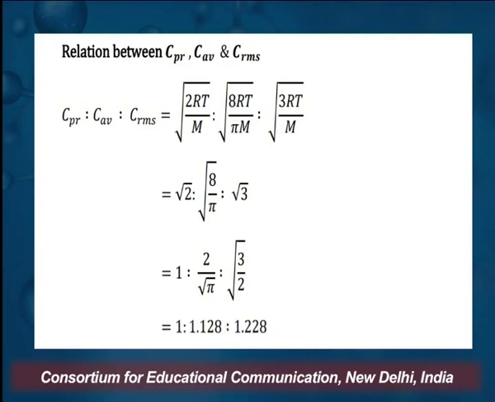C_p is root of 2RT by m, C average is root of 8RT by pi m, C RMS is the root of 3RT by m. So simplifying, we get root 2 is to root of 8 by pi is to root of 3.